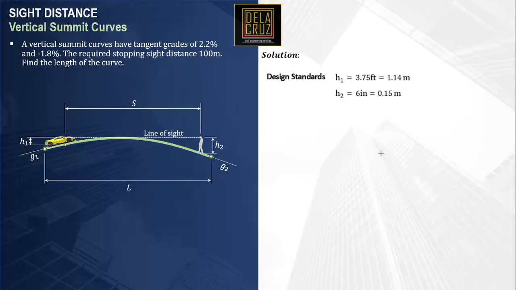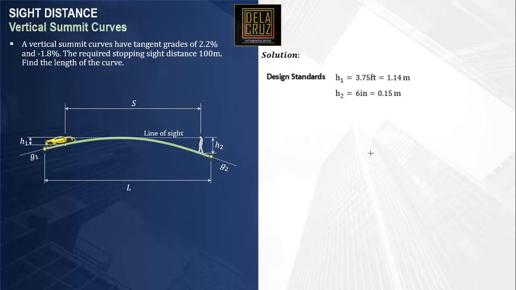But most of the reviewer books just use this old standard, 1.14 and 0.15. Anyway, if the problem specifies values of H1 and H2, then that should not be a problem. In this specific problem, H1 and H2 are not given, therefore we'll be using these standards, 1.14 and 0.15.